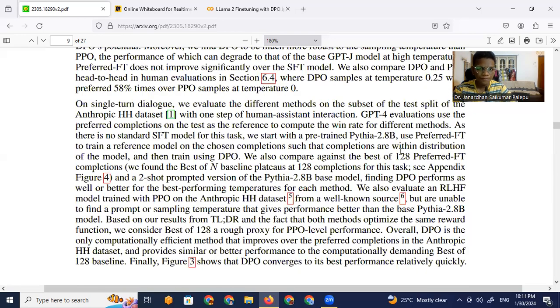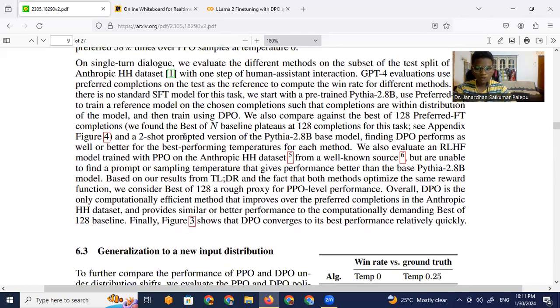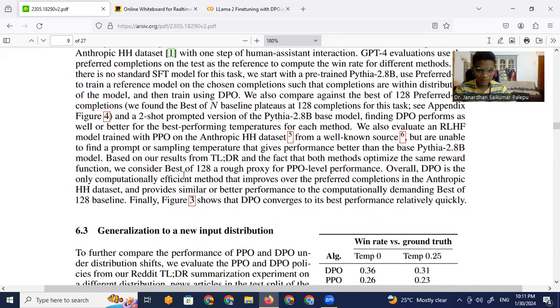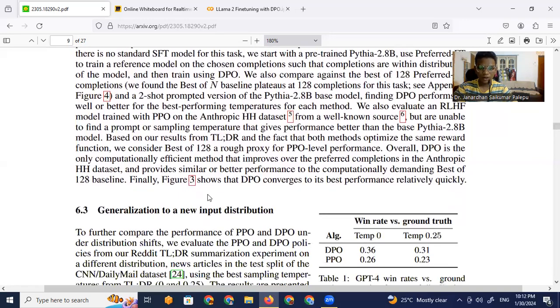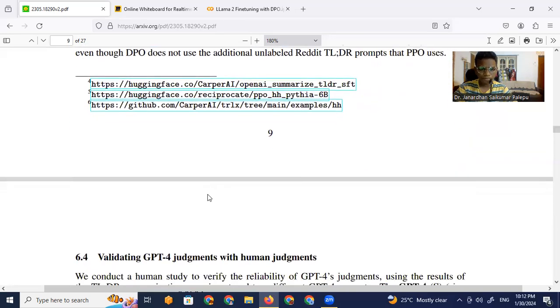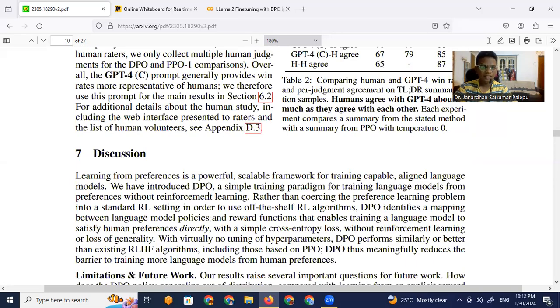And also on single turn dialogue, I think DPO is the only computationally efficient method that improves over the preferred completions in the Anthropic HH dataset and provides similar or better performance on the computationally demanding Best of N baseline. It is also quite better. I think that's it, right?